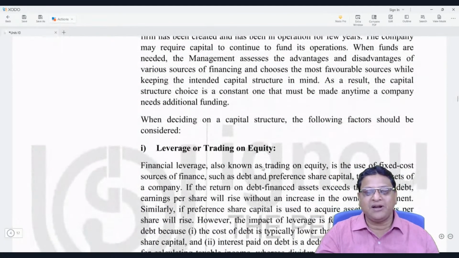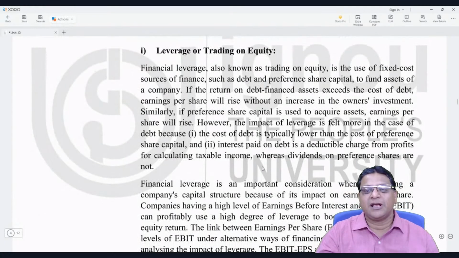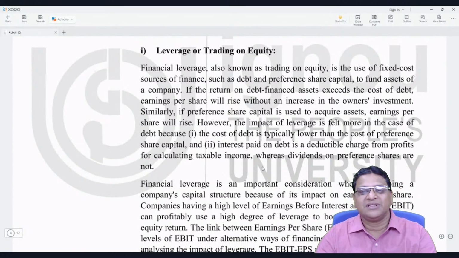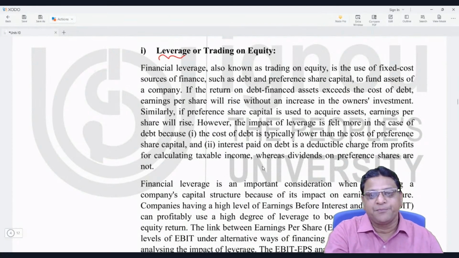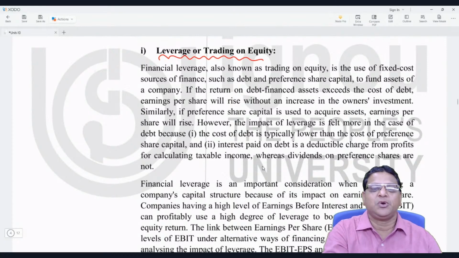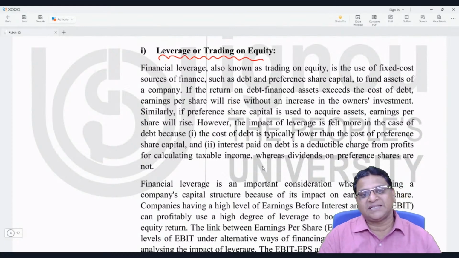The most important factor which a company considers while designing the capital structure is known as leverage or trading on equity. We know that there are two types of capital. One is ownership capital, which is known as equity capital or equity. Another is creditorship capital or borrowed capital, which is known as debt.